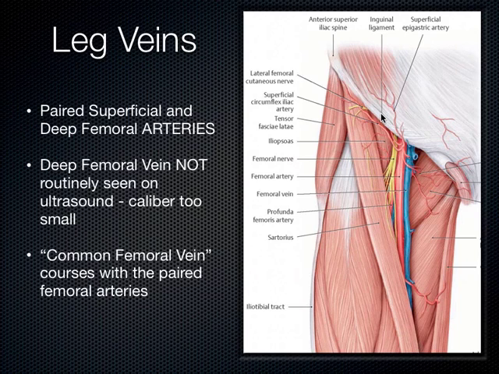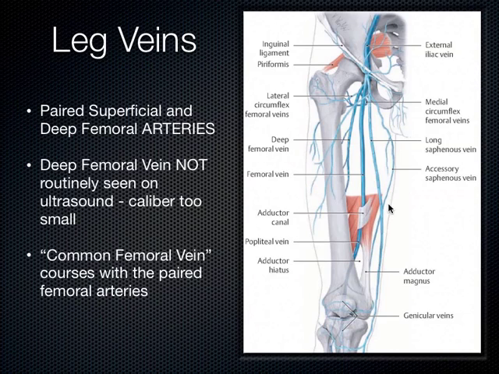And so we can see the common femoral vein very easily until it kind of dives down underneath some of the muscles and fascial layers more distally down the thigh. What happens when you get down into this adductor canal, sometimes called the superficial femoral canal, is it gets very difficult to insonate or to view the femoral vein.